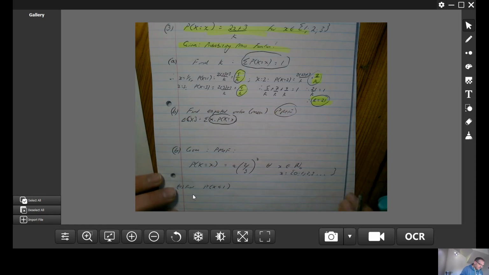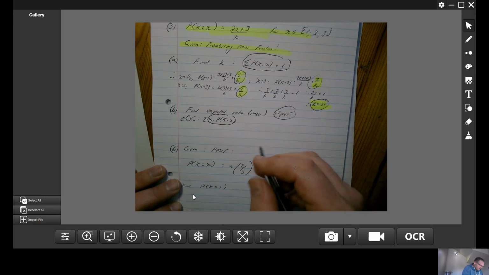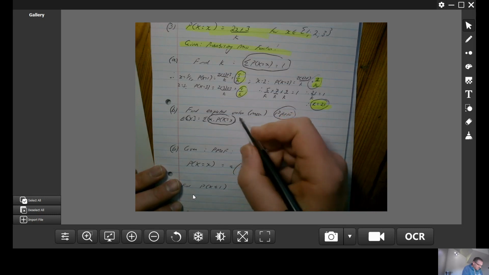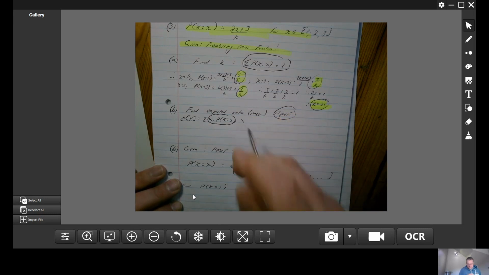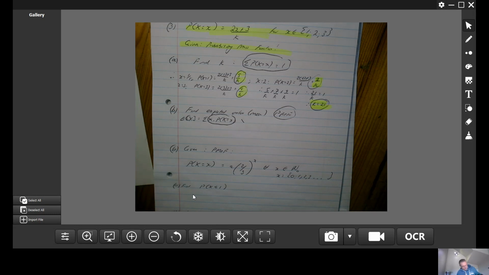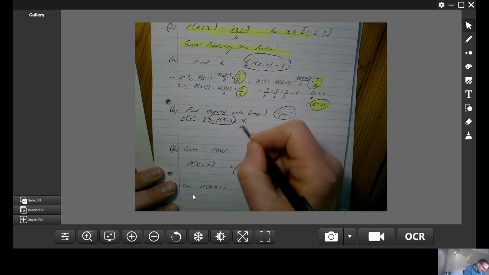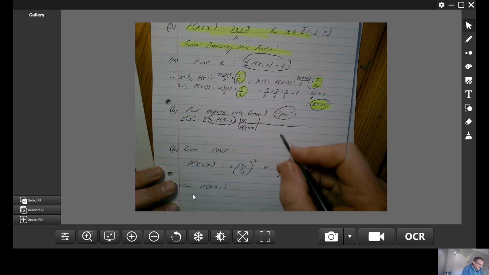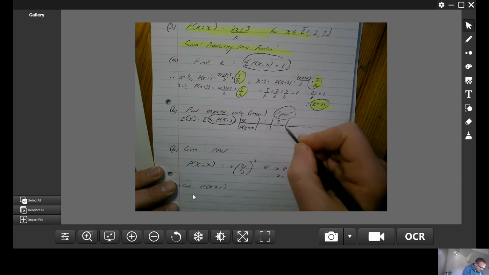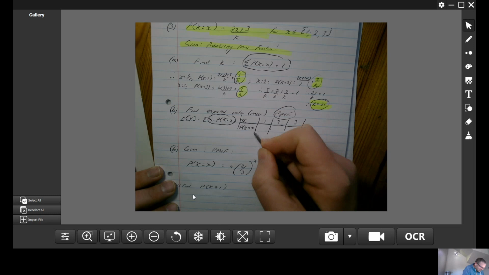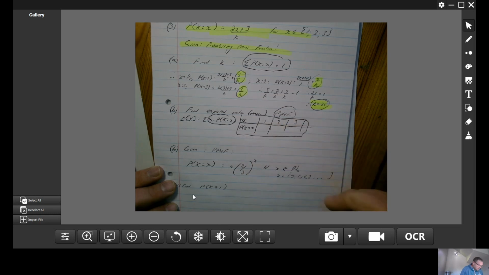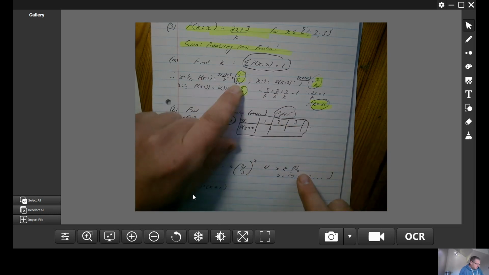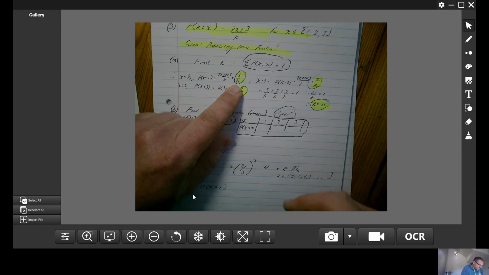So what did our probability mass function look like if k is 21? If we draw a little table, we've got x, and probability x is equal to x. Our x values are 1, 2, and 3. When x is equal to 1, we got 5 over k, but k is equal to 21, so it's 5 over 21.